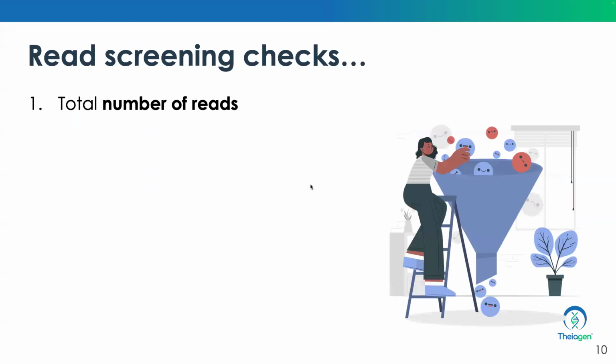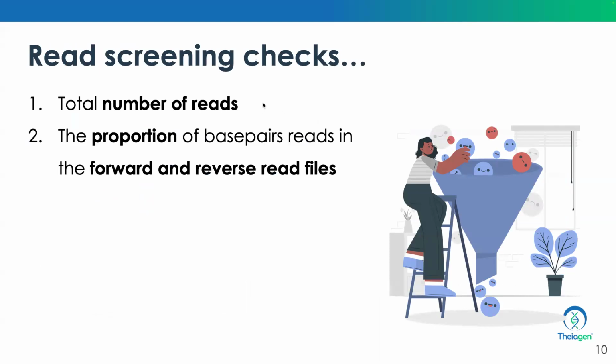As we said, read screening checks for the quantity. What we mean by quantity is the total number of reads for that specific sample, and the proportion of base pairs in the forward and the reverse read files. If I might explain why we are looking at these numbers: in the workflow, we have the genome length of the smallest known bacteria.